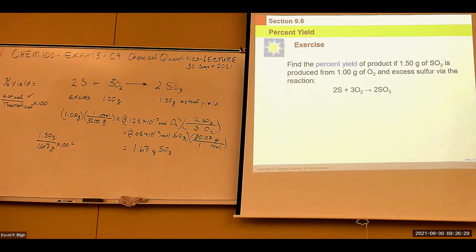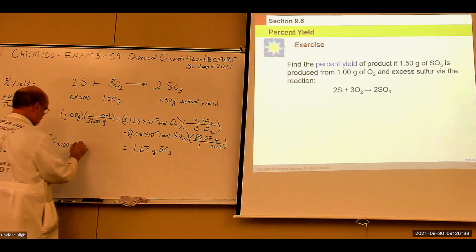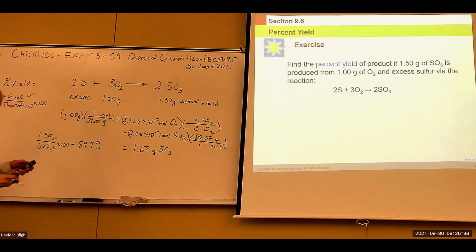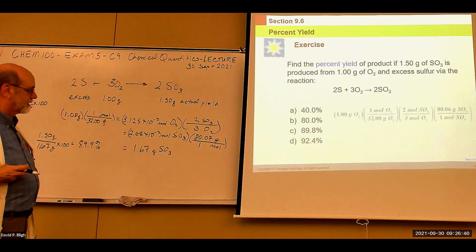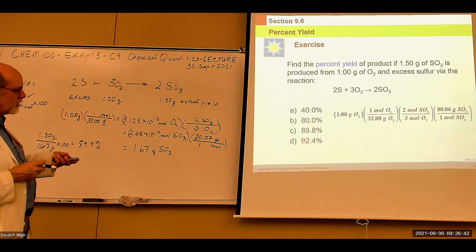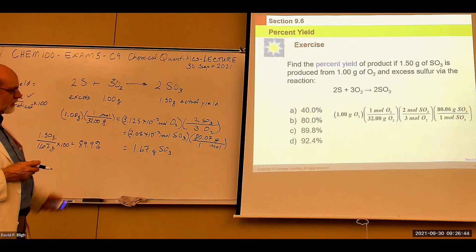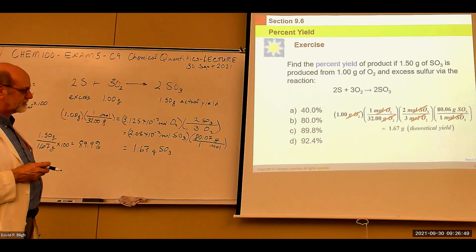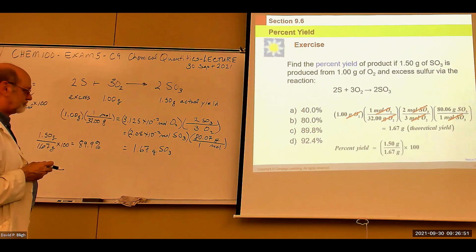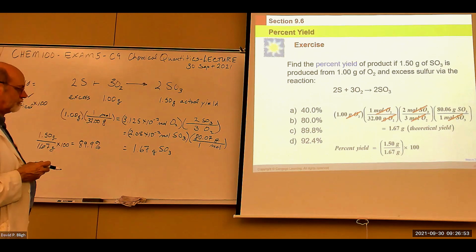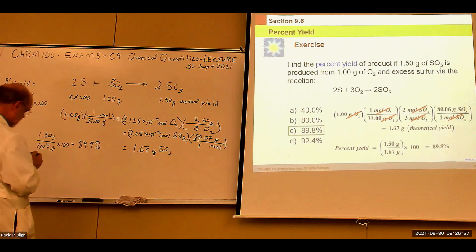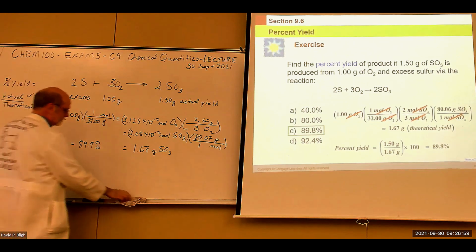And I get 89.9%. 89.8 is probably the closest number to that one, with some rounding error. Okay? That's how you do it.